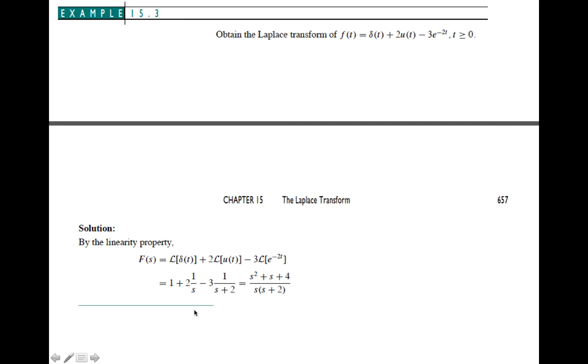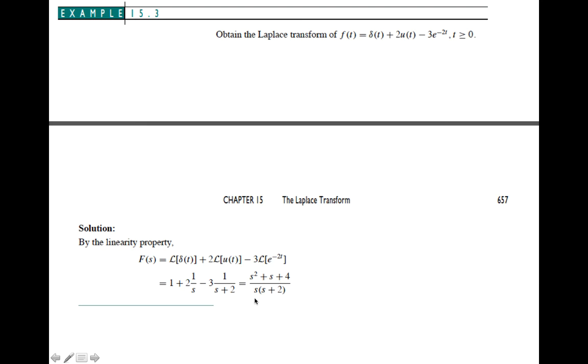Now, the reason I want to go over this problem is let's suppose we were given the function in the S domain and we were told to take the inverse transform. We could look up on the table and see that the inverse transform of 1 is the impulse function. The inverse transform of 1 over S is the step function. And the inverse transform of 1 over S plus 2 is e to the minus 2t times u of t.